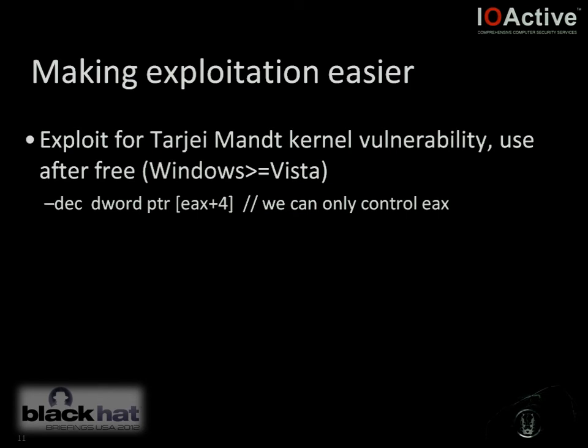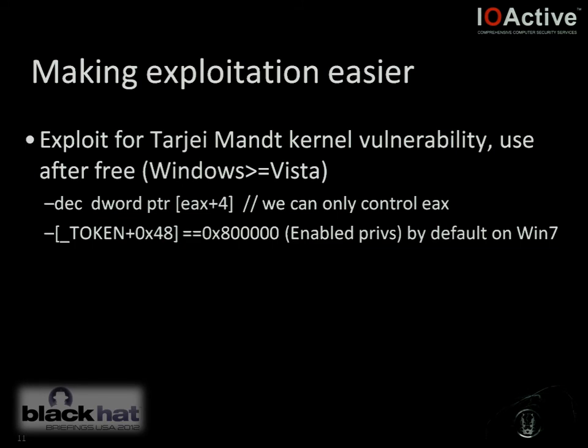You can only control the EAX value, so it only allows you to decrement a position in memory. To exploit this, you have to do a lot of reverse engineering in different Windows versions, try to find some stable value in kernel memory that you can decrement in order to elevate privileges, etc. It's not simple. It can be done, but it takes a lot of time and work.